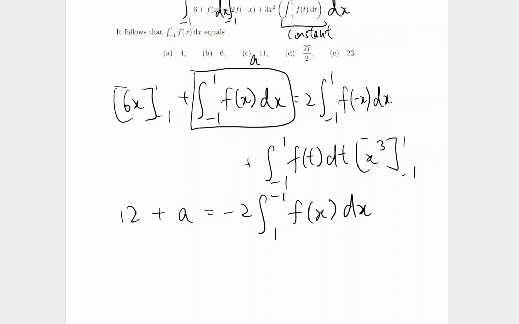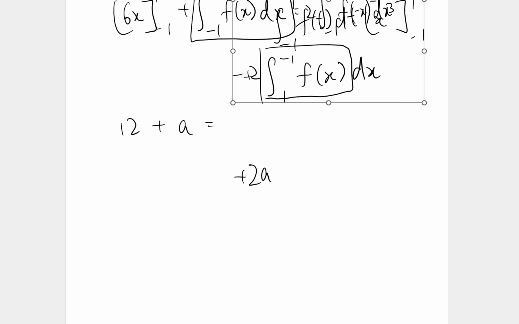I don't have to explain that, hopefully. Plus A times, as I said, this is also A because of the dummy variable logic that I emphasized at the start. And the x cubed from 1 to -1 is just 2, so plus 2A.